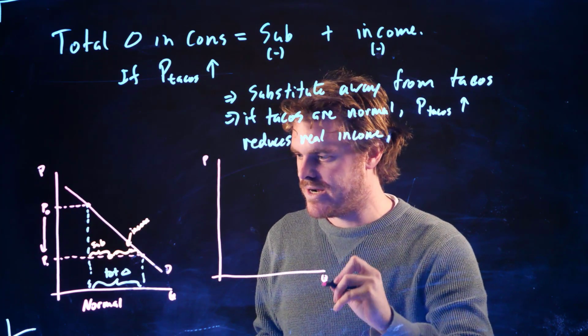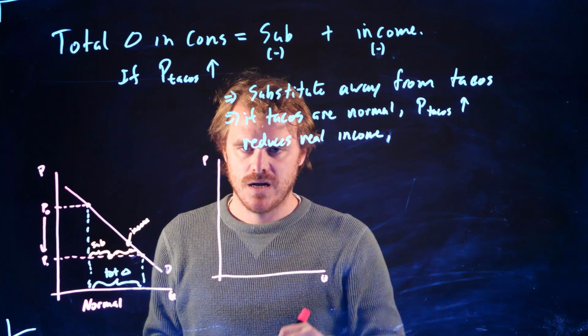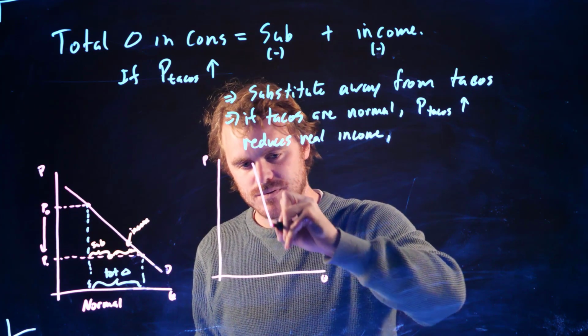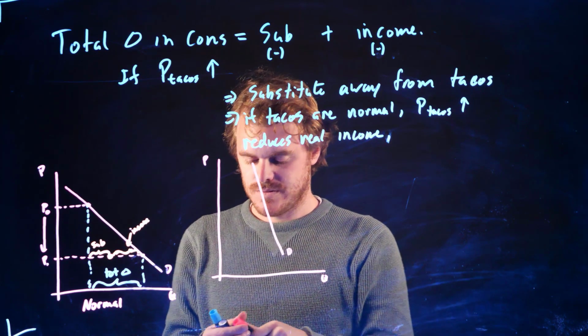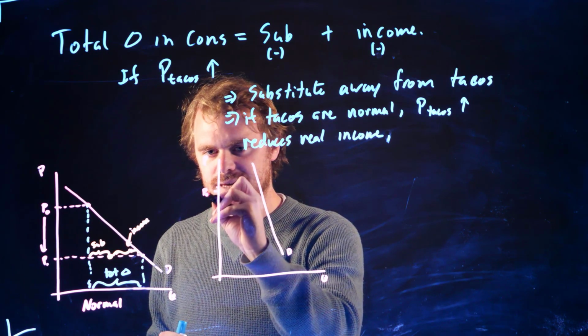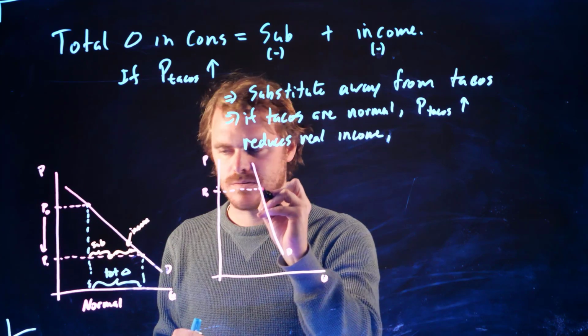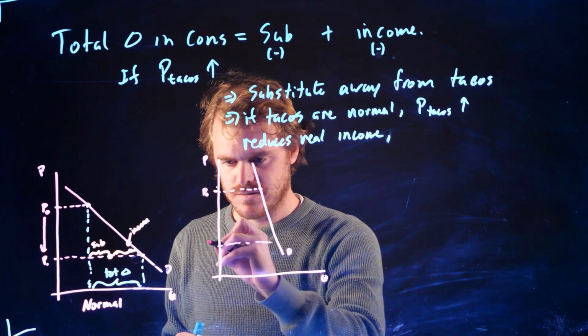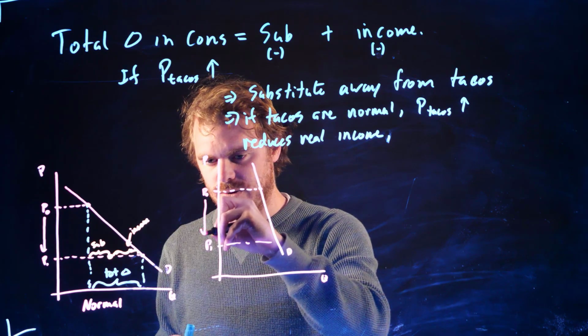Price and quantity here. I'm going to draw a little bit of a steeper curve. And again, we're going to lower the price from P0 to P1. So the price is going down.